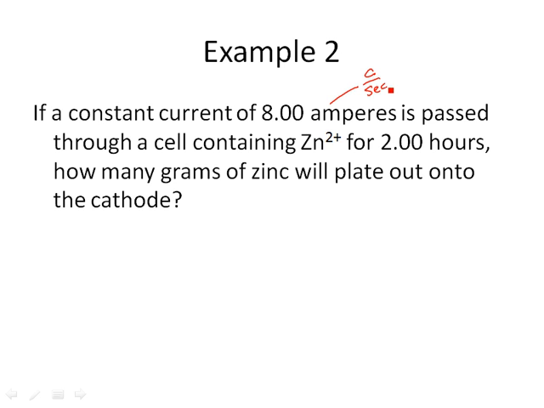So 8 coulombs per second times, how many seconds do we have? Okay, how'd you do that math? 120 minutes. Okay, 2 hours, 1 hour is 60 minutes, or you could just do 2 times 60, 60 minutes per hour, and then times 60 again, 60 seconds per minute.